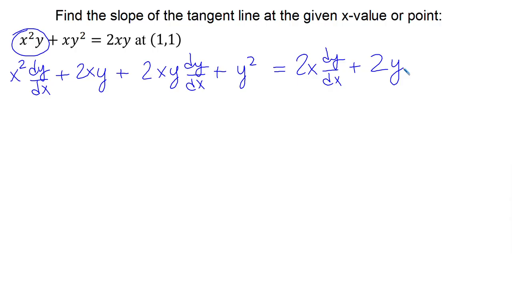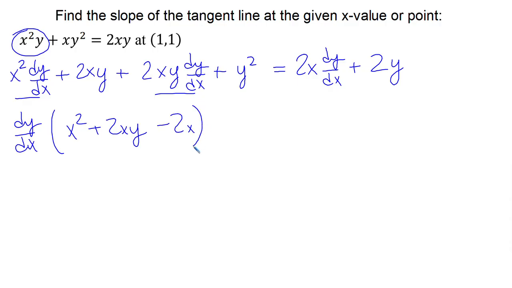So looks like we're going to have a dy dx times the x squared plus the 2xy from the first dy dx terms, and then minus a 2x as we bring this one over. And then we'll have a 2y, this on the right-hand side, minus the 2xy that we need to bring over, and minus the y squared that we need to bring over.